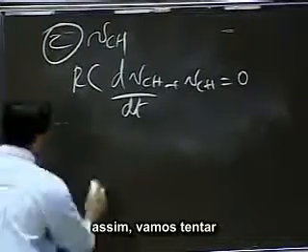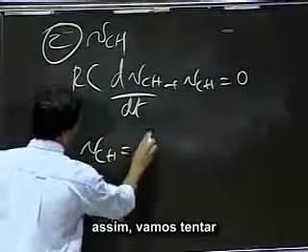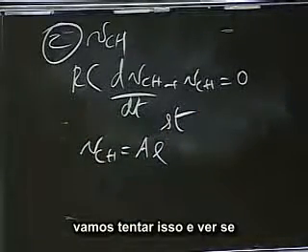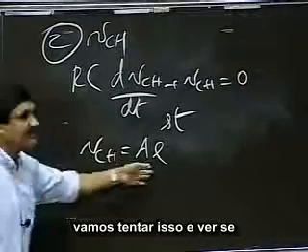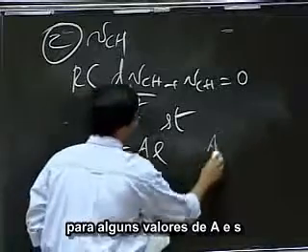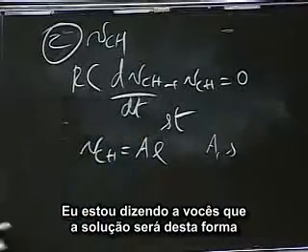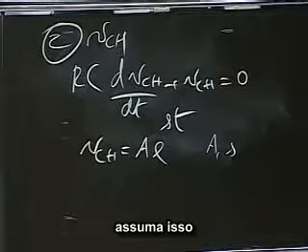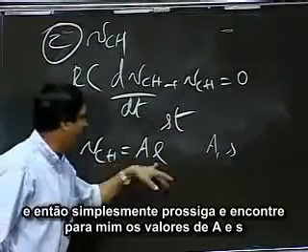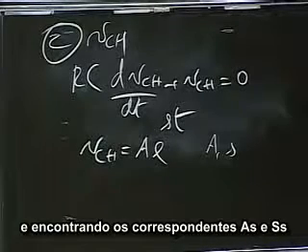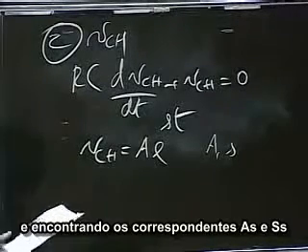So let's try A e to the st, and see if this can solve this particular equation for some values of A and S. I'm telling you that the solution is going to be of this form. Assume it, and then simply go ahead and find A and S by substituting it back into the equation and finding the corresponding A's and S's.